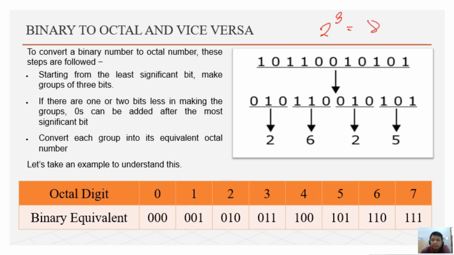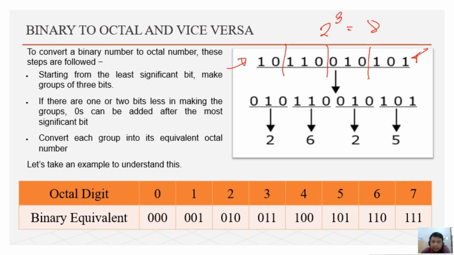You group it by 3, starting of course from the least significant bit. Here our least significant bit is the rightmost and our most significant is our leftmost. So group it into 3, 3, 3, 3.